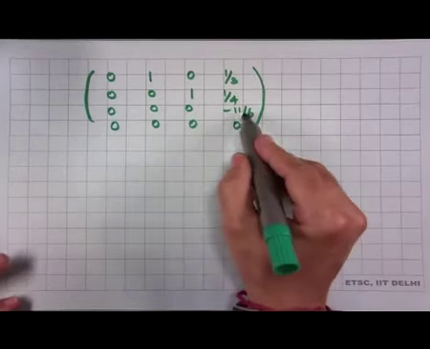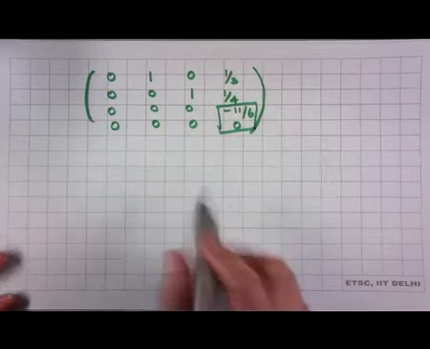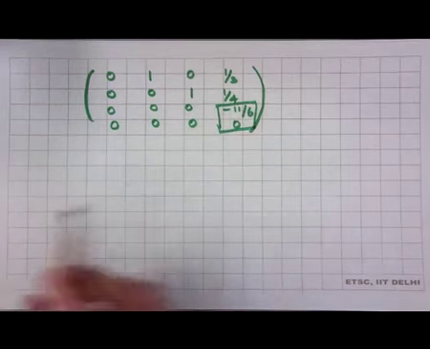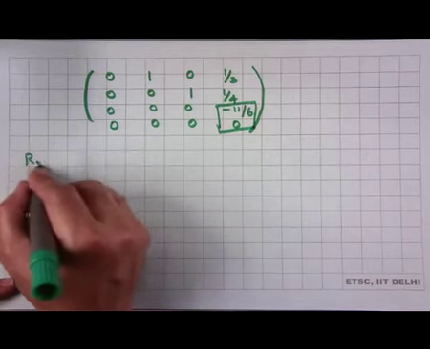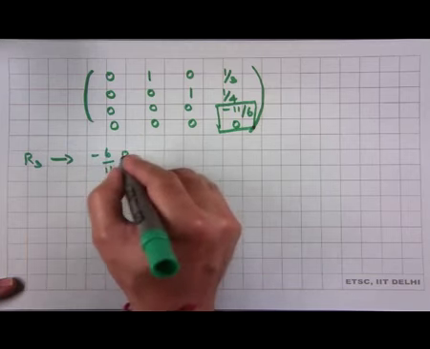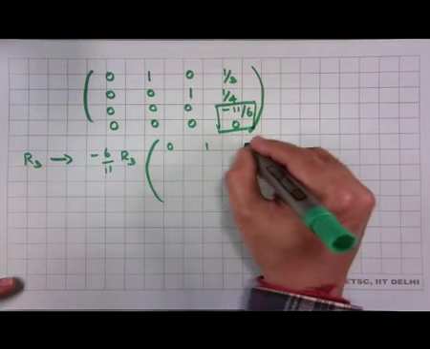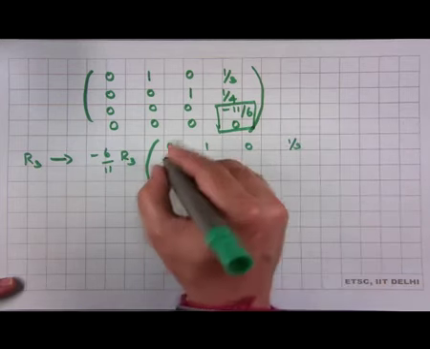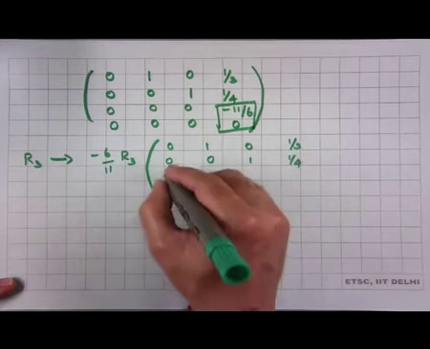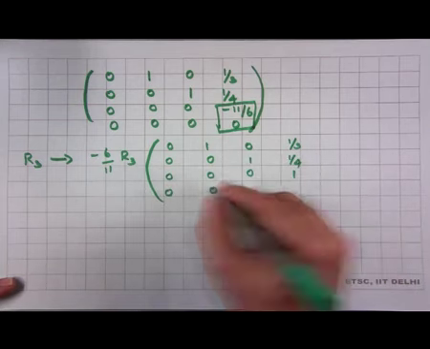Finally, you will have to consider this part. The first non-zero element is this minus 11 by 6, we will convert this into 1. R3 is replaced by minus 6 by 11 times R3. 0 1 0 1 by 3, 0 0 1 1 by 4, 0 0 0 1, the remaining things are going to be zeros.